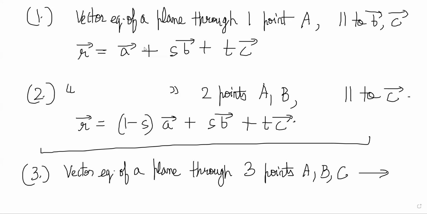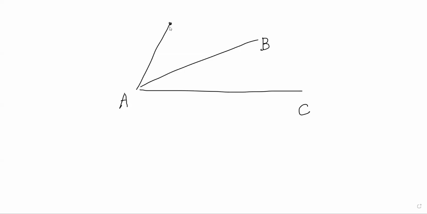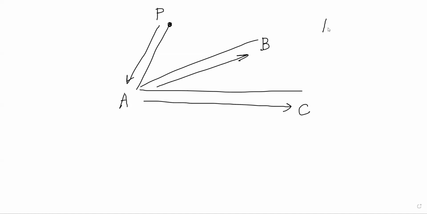That is the last case that we'll be considering. So if there are 3 points A, B, and C, let's make a variable point P in the plane, and we can say that AP vector and AB vector and AC vector are all coplanar.